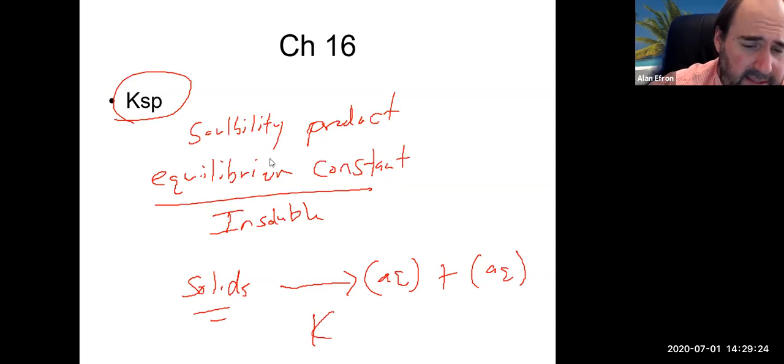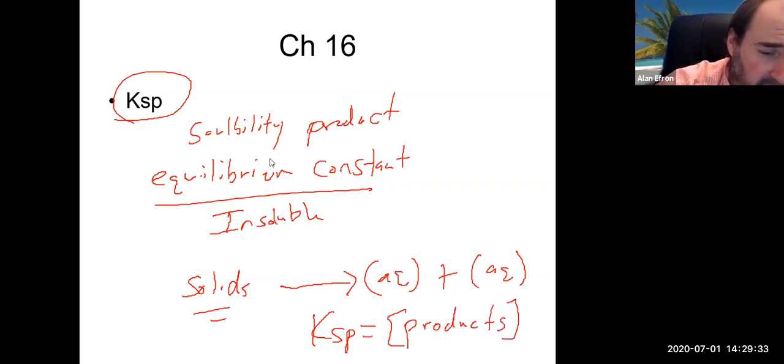So when we write these Ksp expressions, it is typically only the products included. It is like a normal equilibrium expression, products over reactants, but in pretty much all cases with Ksp, the reactant side is just solids, so they're usually never included. Ksps will just look like the products only.